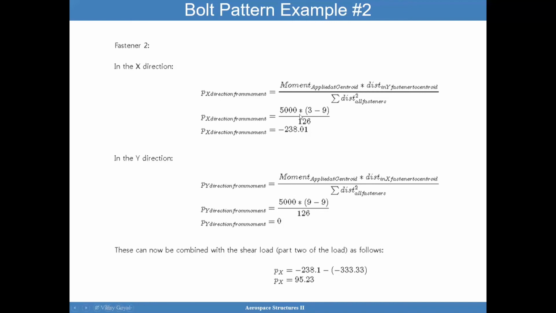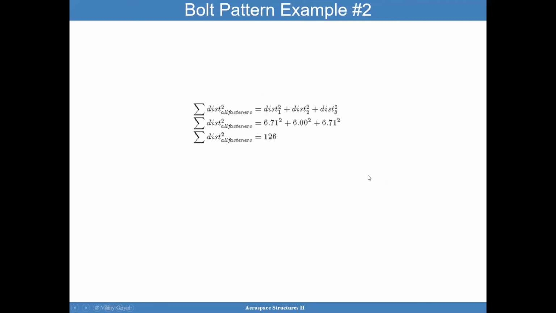The distance squared from all the fasteners to the center is 126. So then I get the force reacted by fastener 2 in the x direction is 238. I can repeat the process for the y direction. You can see here that the moment applies 5,000. The distance for the fastener in the x direction is 0.